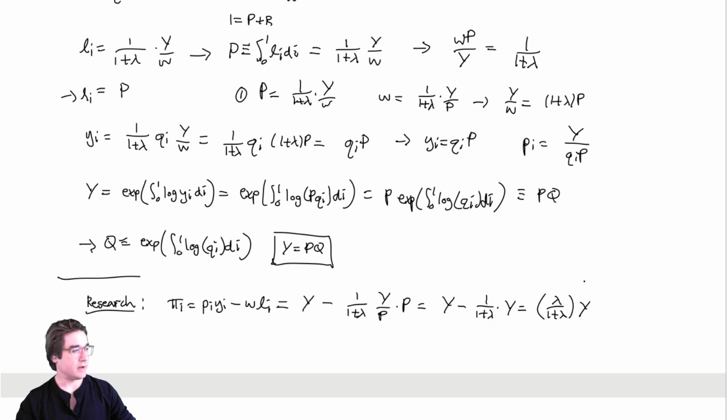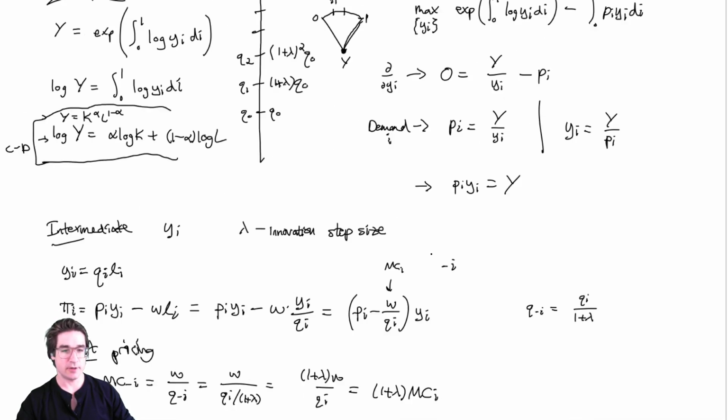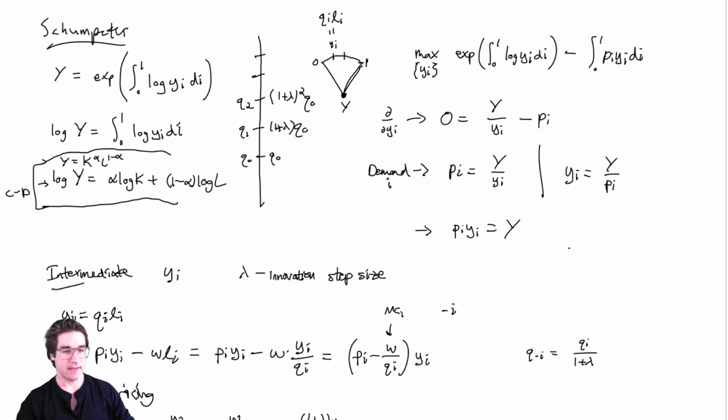Why does pi times yi equal Y? We don't even need to solve the production side for that. That comes from this demand function. When we derive this demand function, it's what's called unit elasticity, because the exponent here and here is equal to 1.